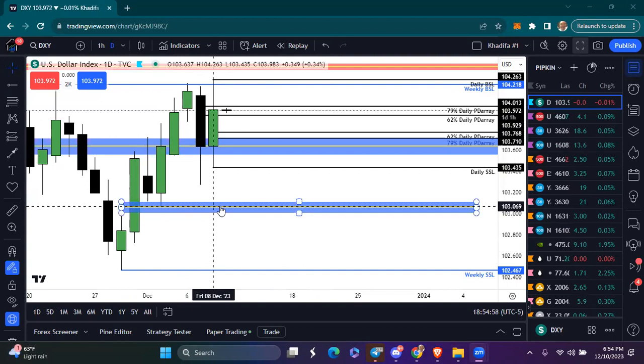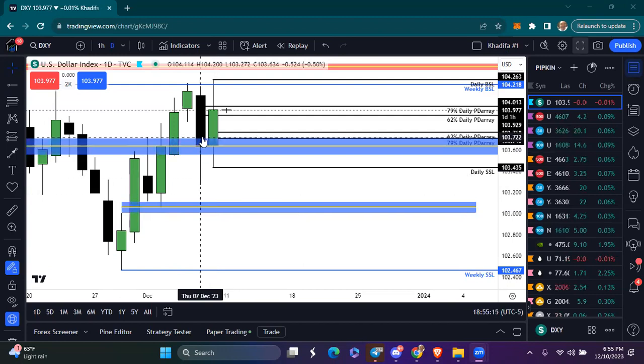Now, keep in mind that this is a very high impacting news week. We have red folders every day this week. So, there's going to be a lot of volatility in the markets this week.